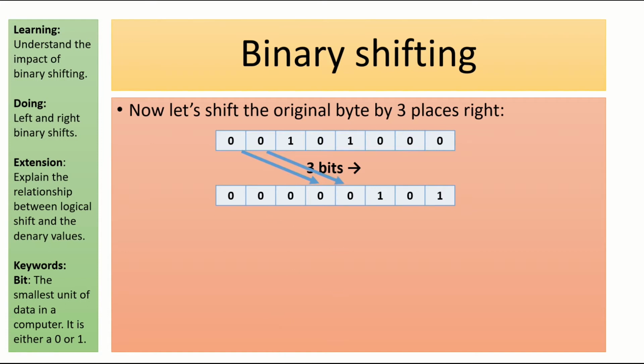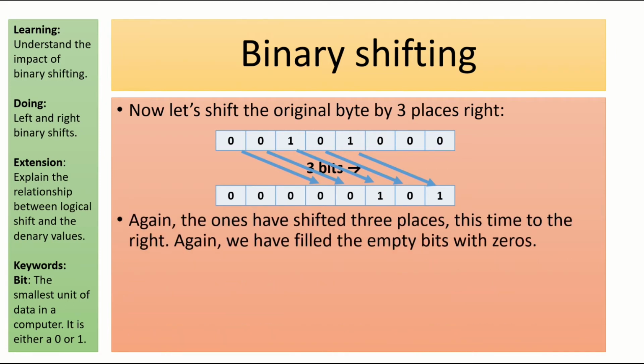The 0 goes down 3 places, the 1 moves down 3 places, the 0 moves down 3 places, the 1 moves down 3 places, and then the rest of it is infilled with zeros. It's fairly straightforward if you just think about moving the values down your grid, and then any spaces that remain, you just put a 0 in its place.